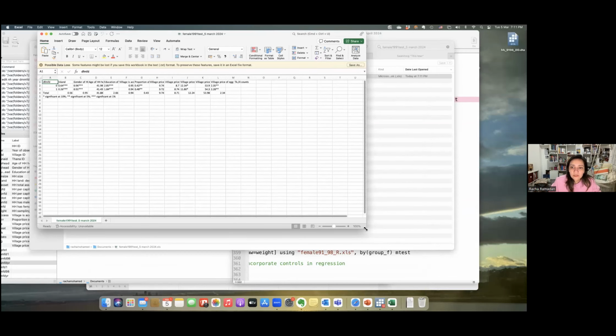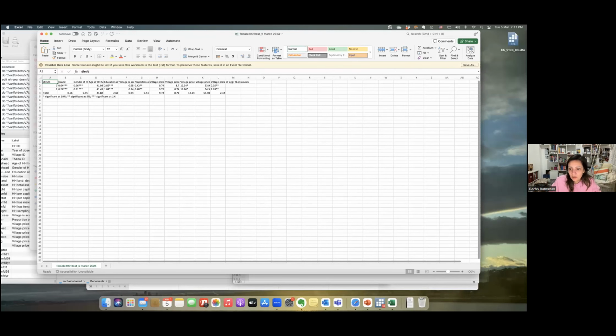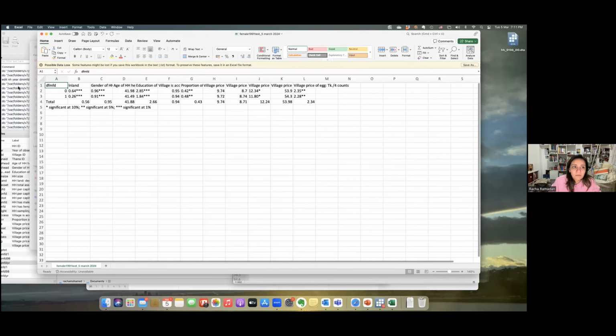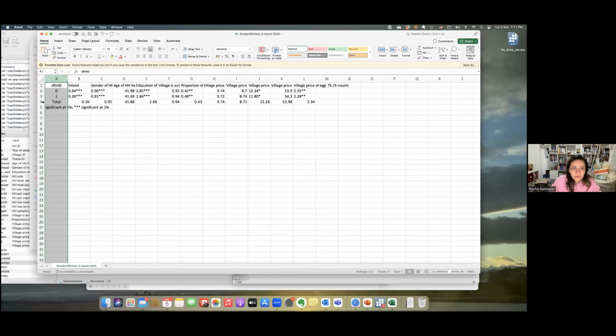So the first time I did this exercise, I was only comparing households who are beneficiaries and households who are not beneficiaries. However, I may also want to compare not only by being beneficiaries or not, but also by years. I want to know if these variables change over the years or not.